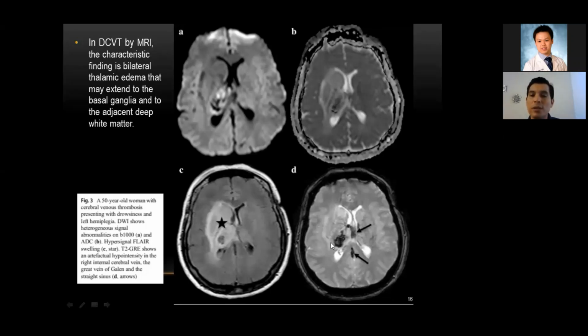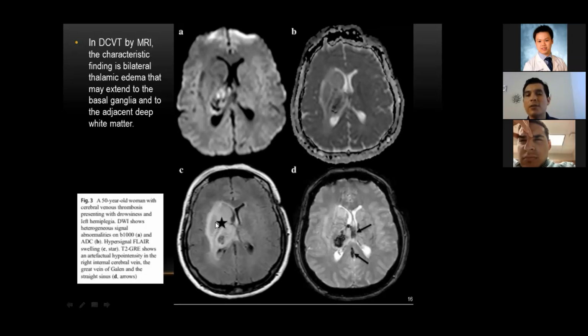When you see in the original image in T2 a hyperintensity, and you apply DWI, you will have a remain of this hyperintensity related to vasogenic edema.